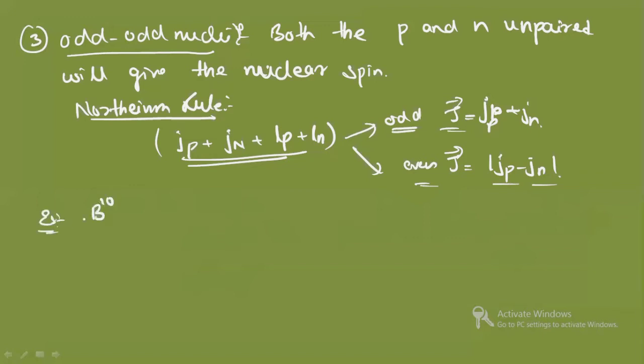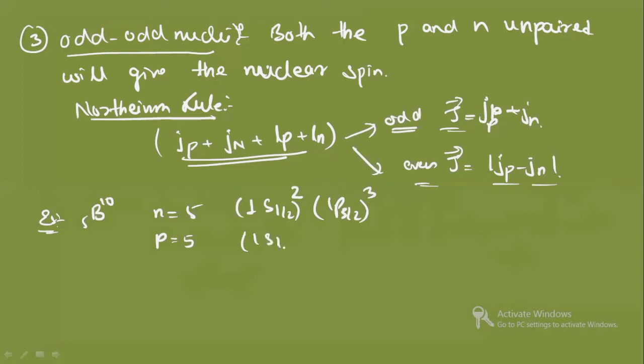Now we will see an example that will help explain this much better. Suppose we are considering boron 10, 5. Here you see the number of neutrons is 5 and the number of protons is also 5. Both are 5. So here you will write 1s 1/2, and here it will be 1p 3/2. As a whole, 2 can be filled here, 3 here. The same thing will be here: 1s 1/2, 2 will be filled, 1p 3/2, 3 will be filled.